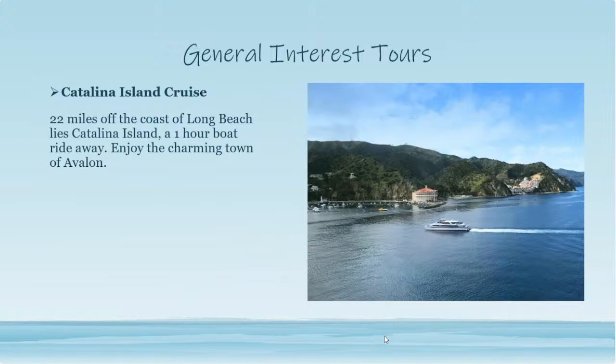There's a zip line, there's snorkeling. There's the Catalina Casino, which is not an actual gambling casino. It was at one time, but it's a historic building there. There's the Wrigley Memorial. At one time, the Wrigley family owned, I believe, most, if not all, of the island. That's the Wrigley Gum folks. So it's a very interesting place to go.